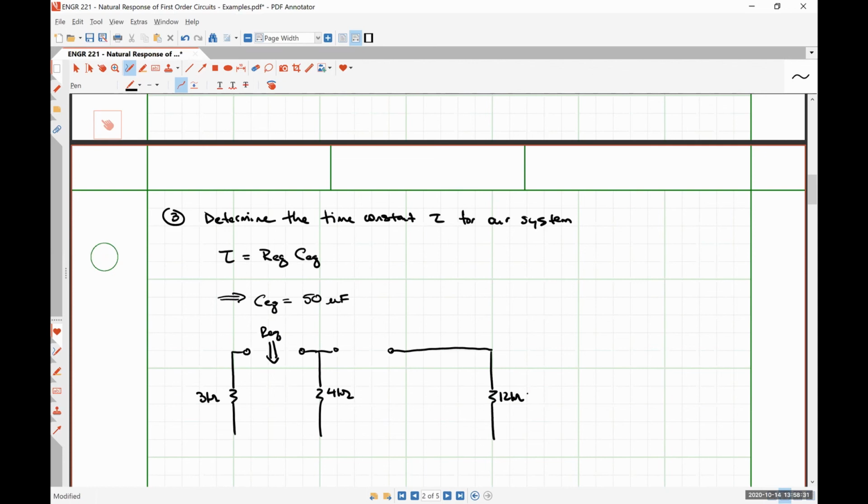Here is a 12K. Here is a 4K. Here is an 8K. And lastly, I have this 12K through the middle. Like so.